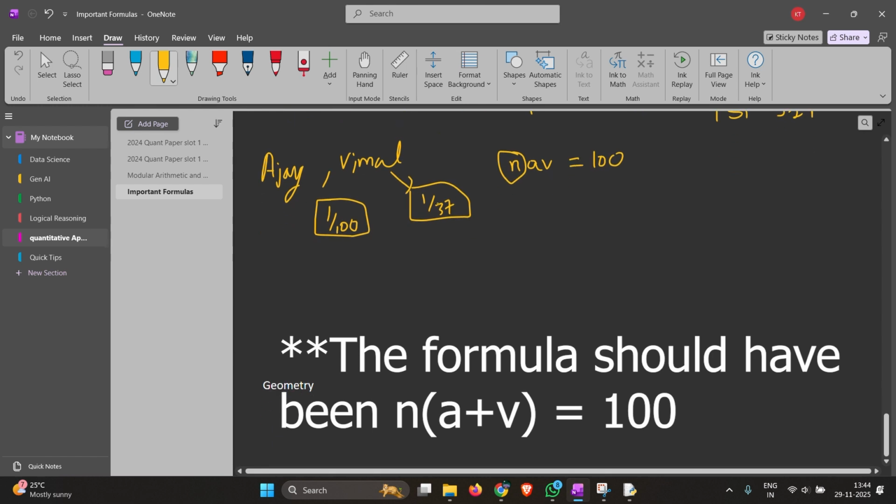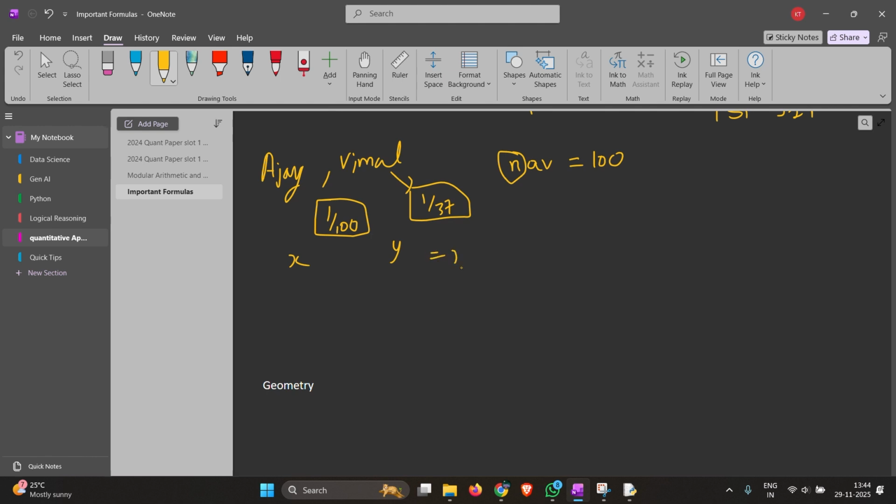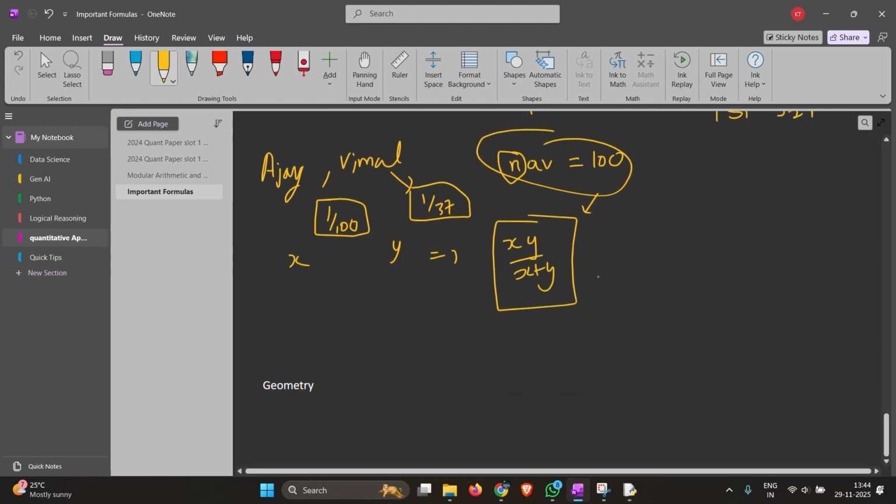And let's say Ajay takes X days to finish a work and Vimal takes Y days to finish the work. If they work together every day, they can finish the work in X into Y upon X plus Y days. So this is a shortcut formula. You can get to this formula with the equation as well, but it's always good to remember some shortcut formulas.